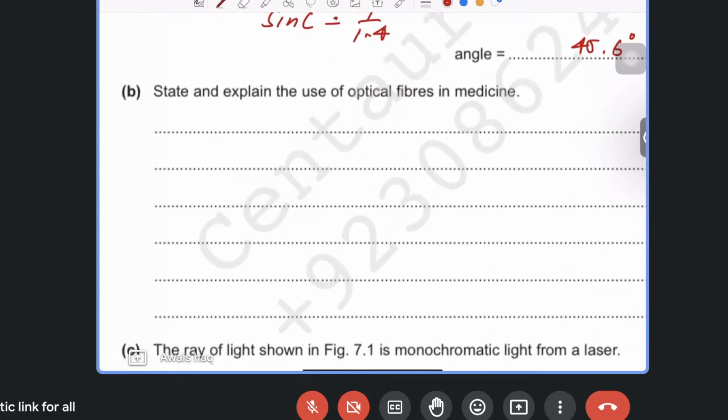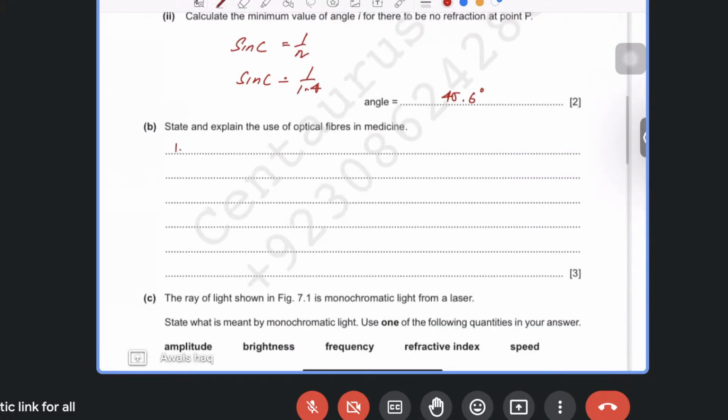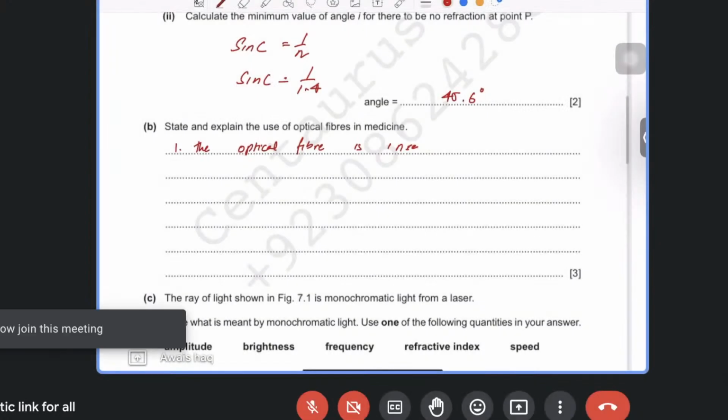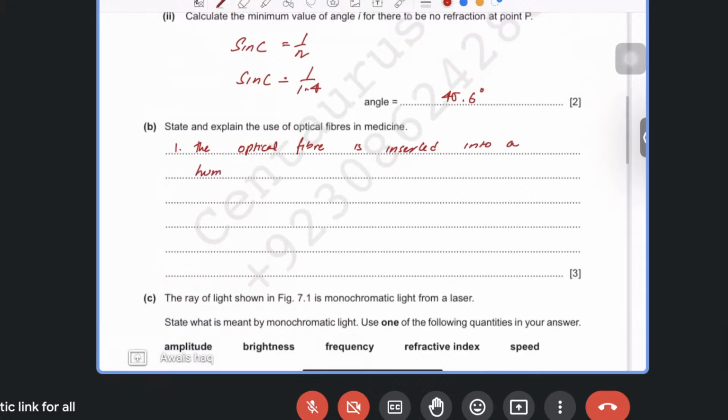Now let's start. First of all, point one. You're gonna write that the optical fiber is inserted into a human body that needs to be examined.